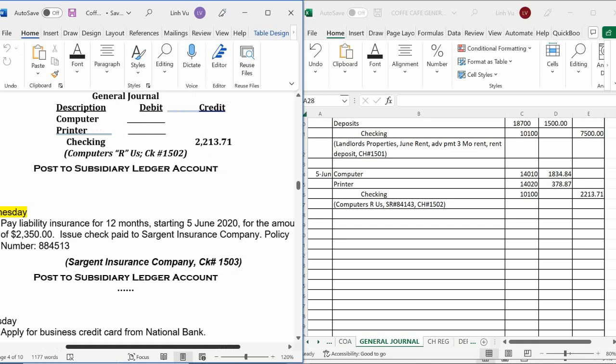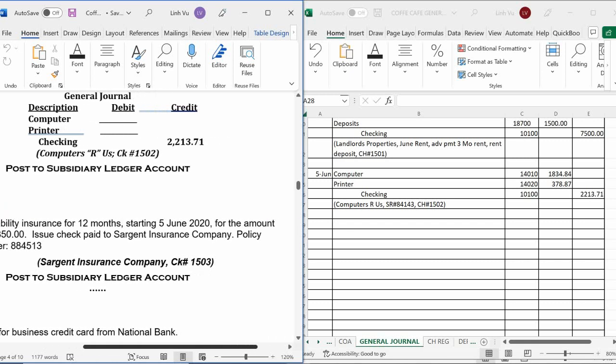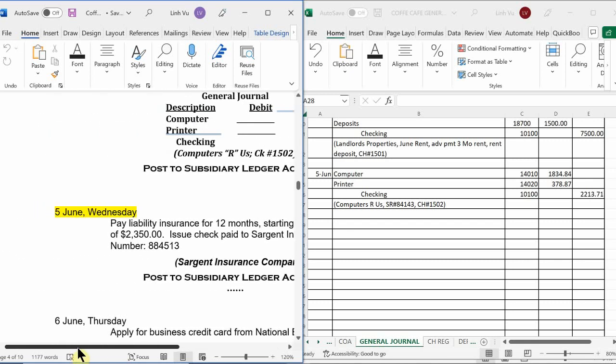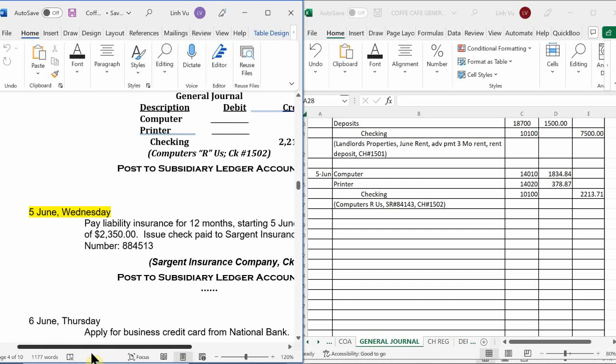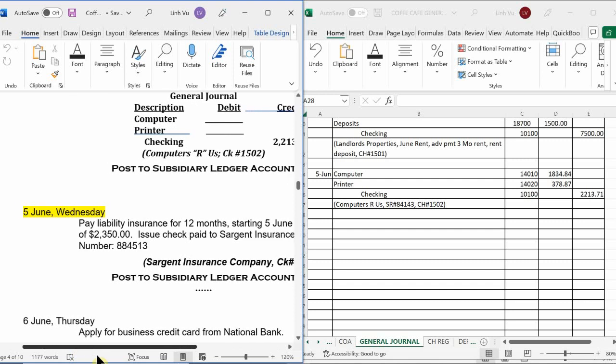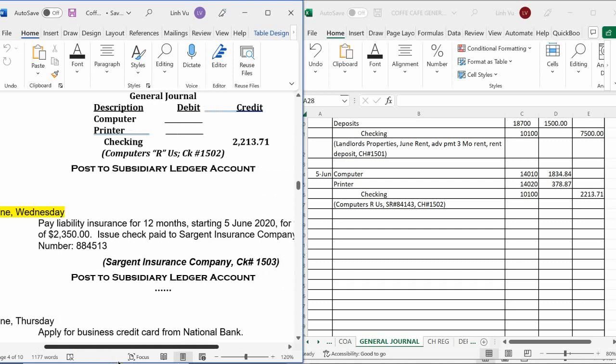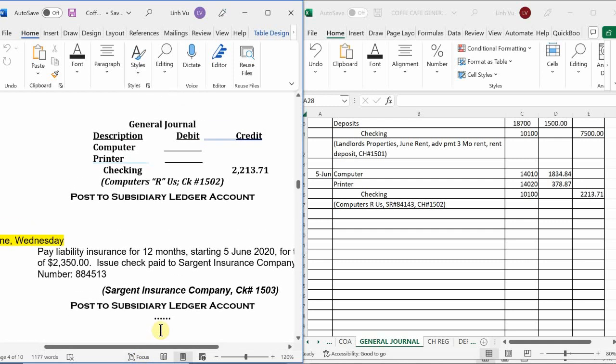Issued check payable to Sargent Insurance Company, policy number 884513. Okay? So in this case, I'm making a payment for liability insurance for a 12-month policy starting on June 5th for a total of $2,350. And I paid with a check.